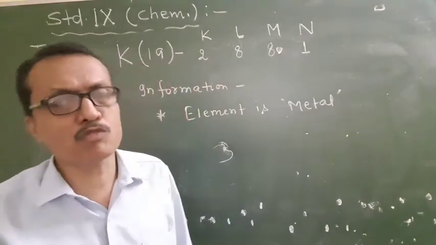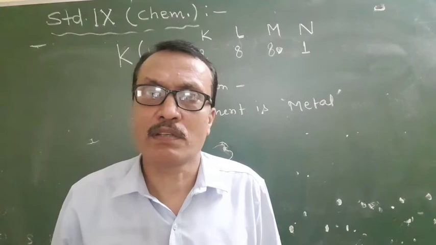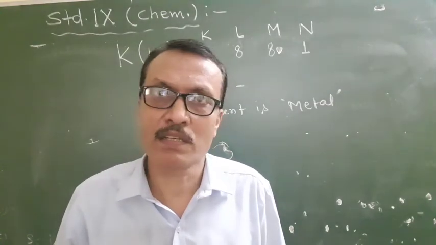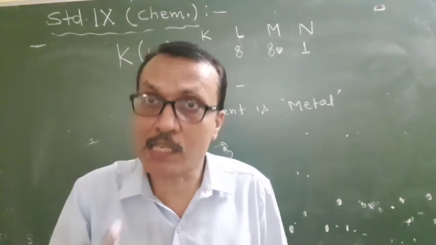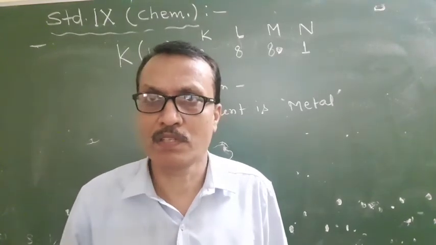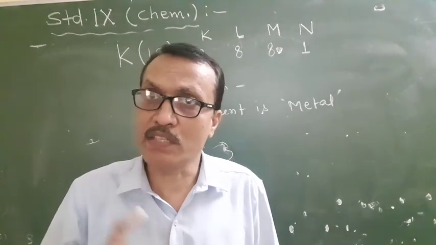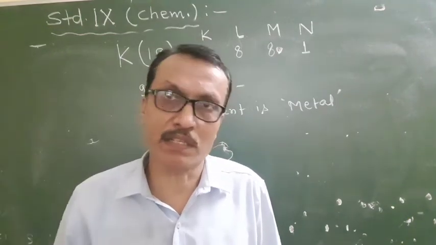Why metal? Students, if in the outermost orbit there are 1 to 3 electrons present, then the element will be a metal, except hydrogen and helium. This rule is not followed in the case of hydrogen and helium. They are non-metals.